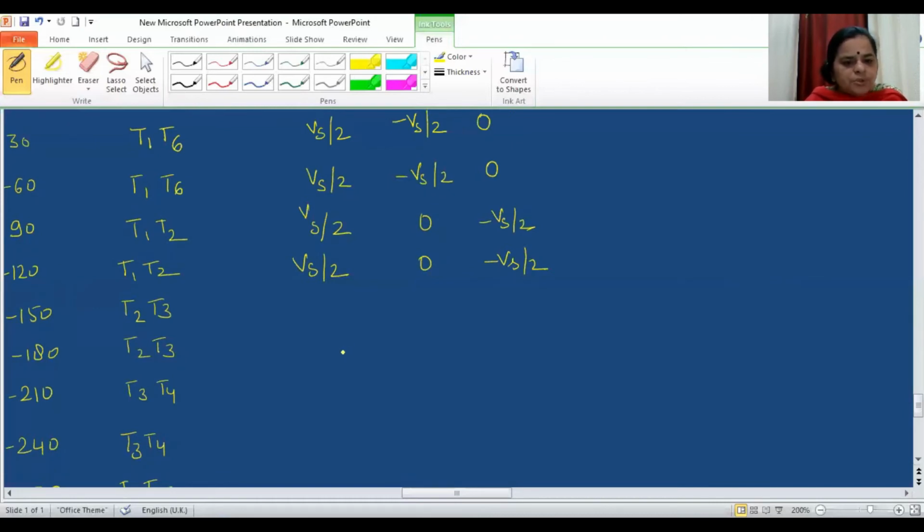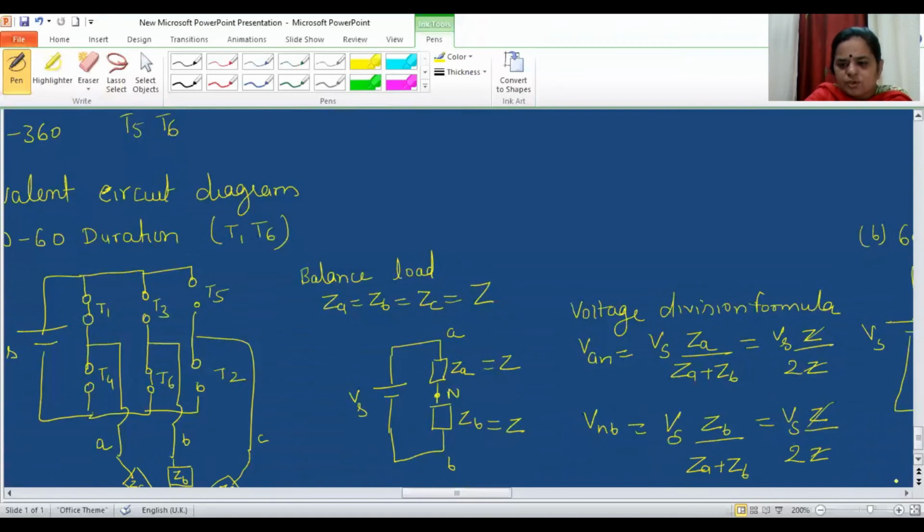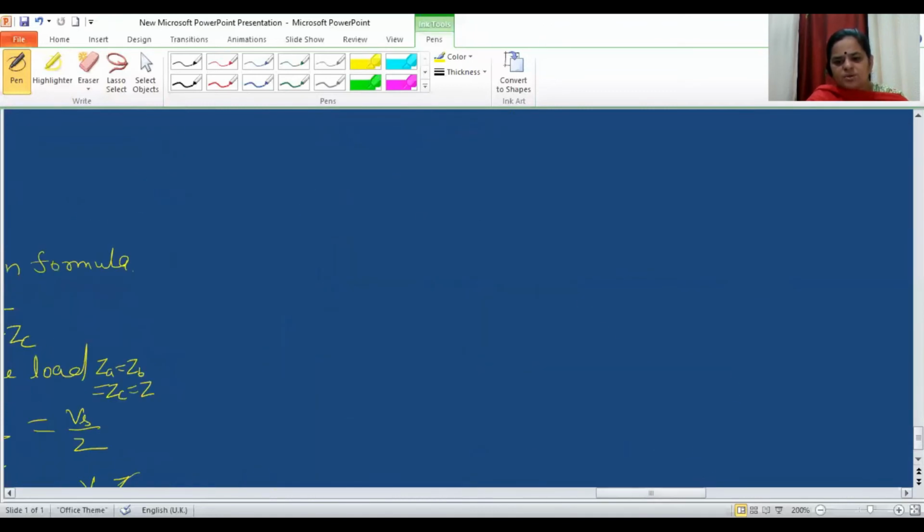Now let us calculate for the next duration when T2 and T3 are conducting. So that is from 120 to 180. Now the C part, 120 to 180 duration, which SCRs are conducting?